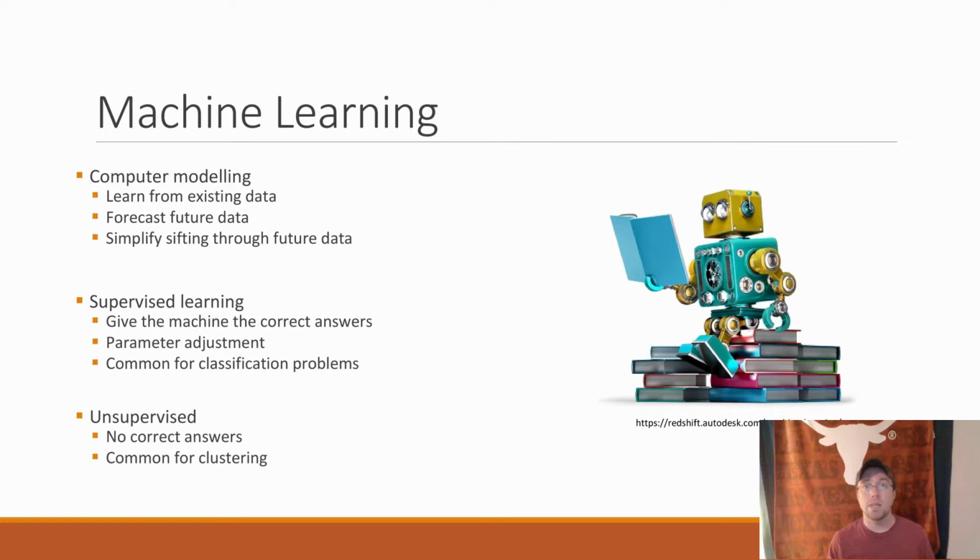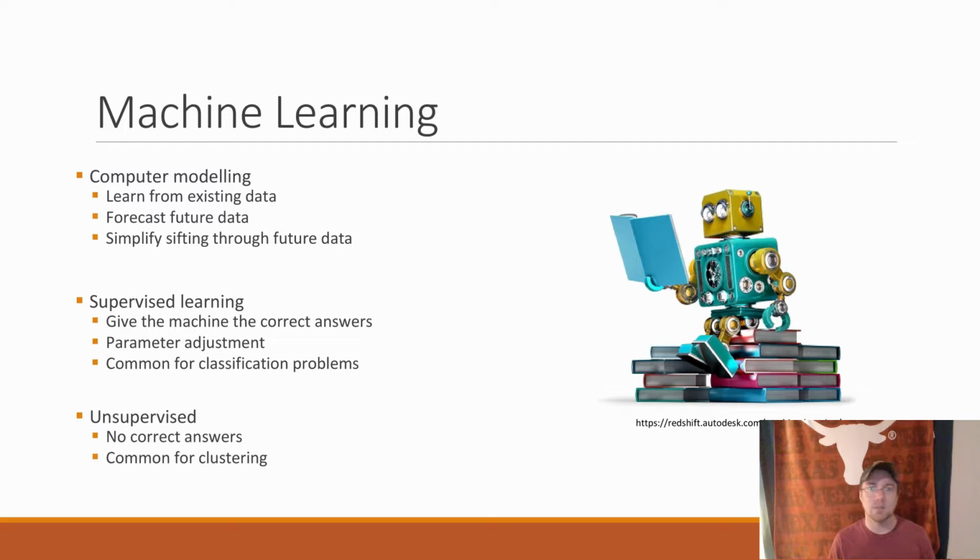So then that leads to the question, well, what is machine learning? It's really using computers to model data, learn from existing data, and then forecast future data. And not only can it forecast future data, but it can also sift through future data even faster, having learned on previous data. So there are a couple of various different types of machine learning, and two that we'll go over here are supervised learning and unsupervised learning.